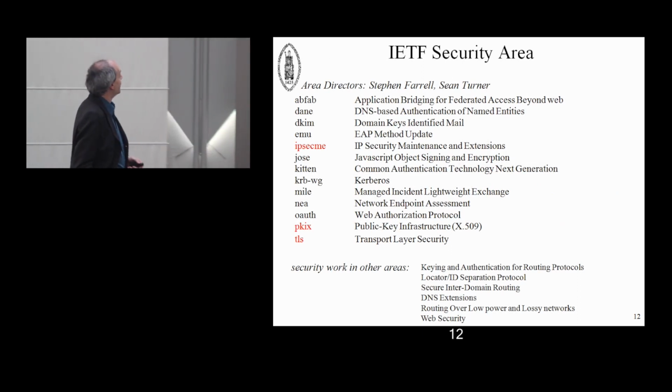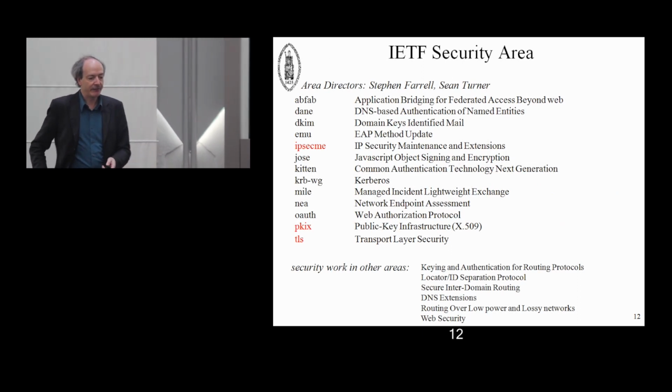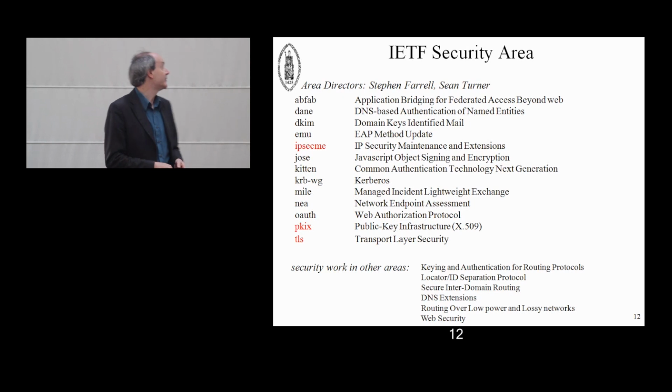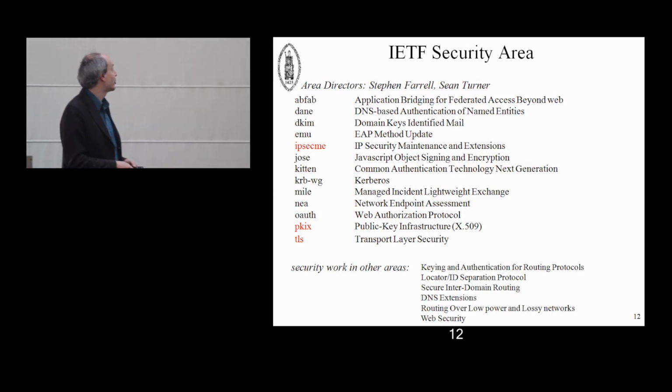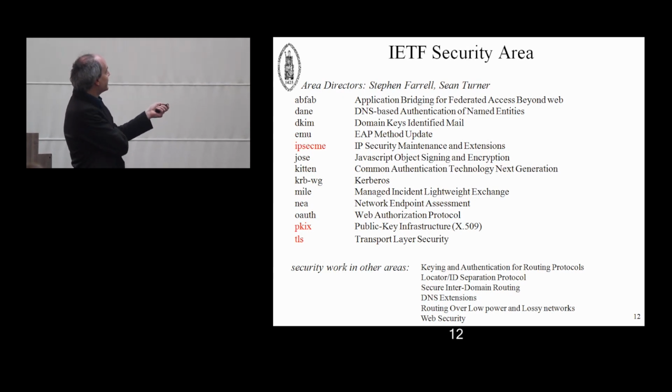Okay? Security area is very active. You have Stefan Ferrola and Sean Turner as directors. And as you see, these are all the things that are happening. So there is IPsec maintenance, because IPsec, as you will see, is a very complex standard, and they keep enhancing and maintaining it. I discussed yesterday PKIs, it's public key standards. TLS is also still very active.